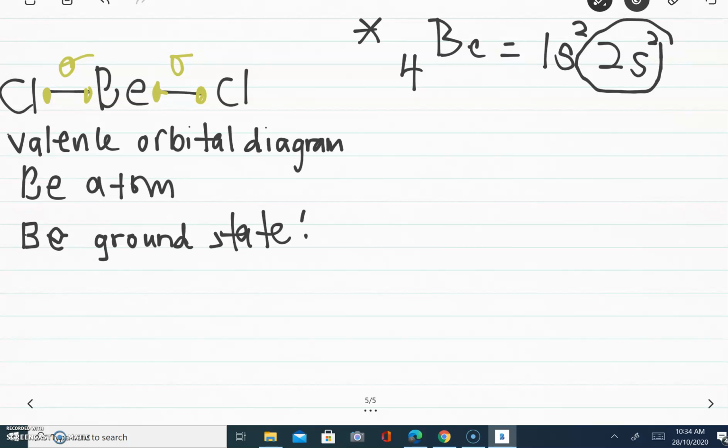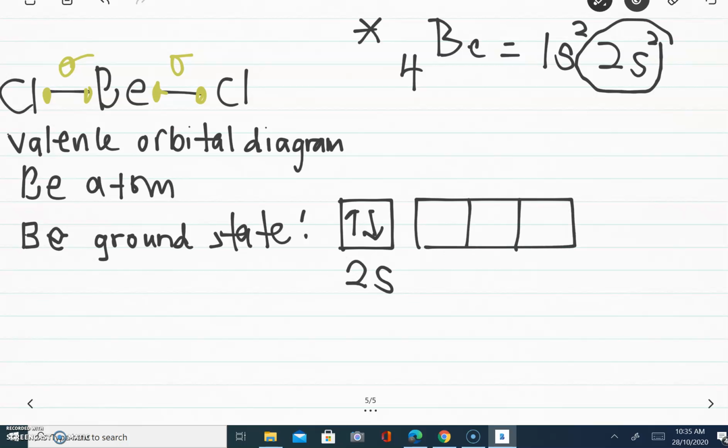So, in the valence orbital diagram, we draw only the 2s orbital and we fill 2 electrons together, but at the same time, period 2 also has empty p orbitals.